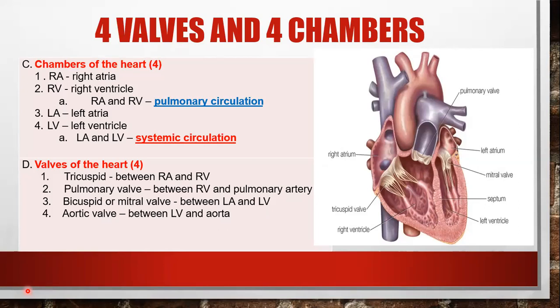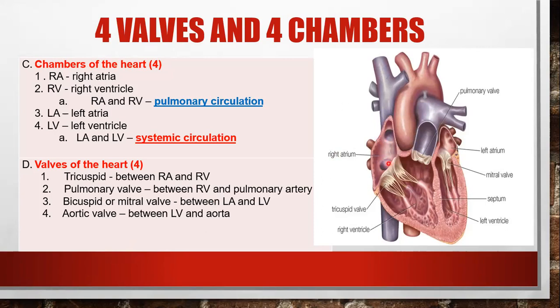It's kind of like if you think about the door to your house. You go from your living room into another room through that door. Well, the living room and the other room would be the chambers, and the door would be the valve. You have 4 chambers and 4 valves. We have the right atrium, right here. Look at my marker on the PowerPoint.